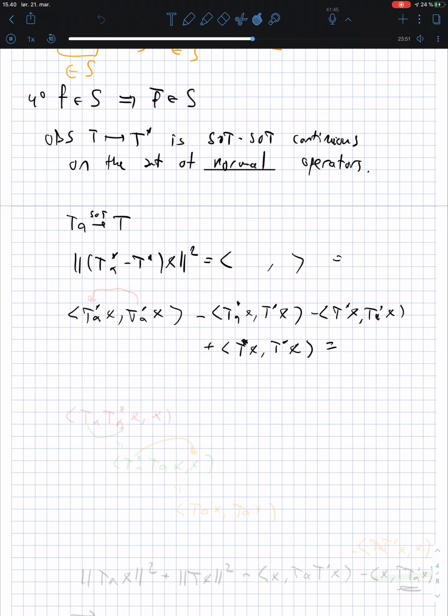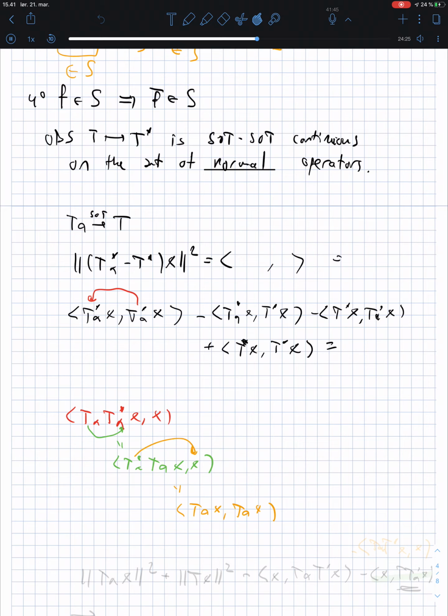So this means that if I move this to the other side with a star, this will give me T alpha star x, x. But now, since I've assumed that my elements are normal, I can commute these two elements across each other, so that gives me T alpha star T alpha x, x, and now I can write this as the norm of T alpha x squared by just moving this one back to x.